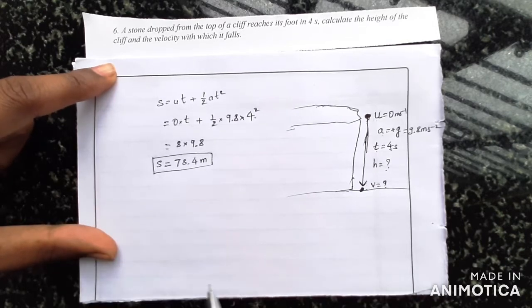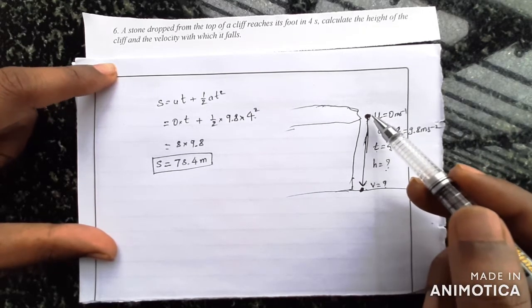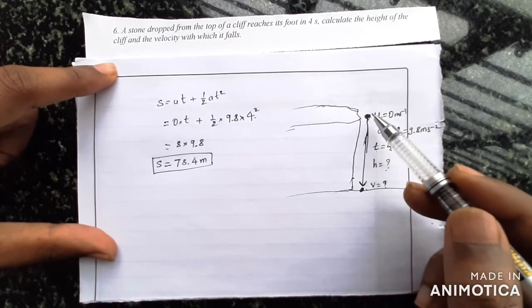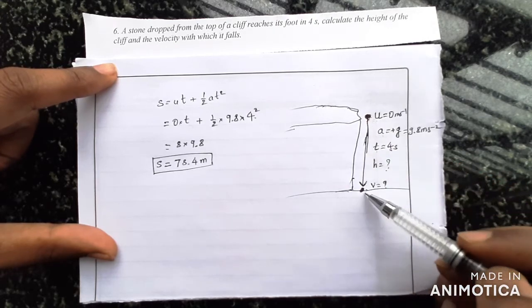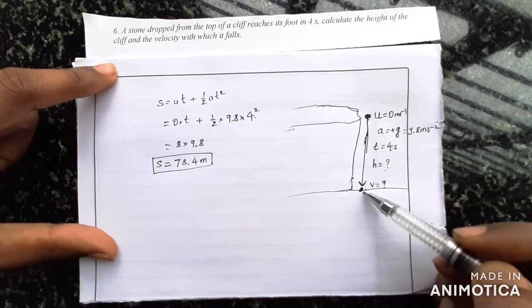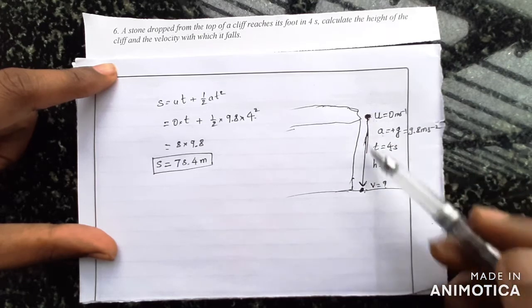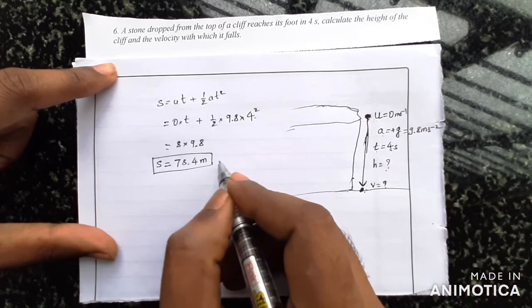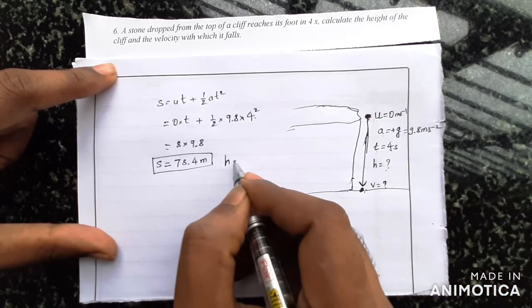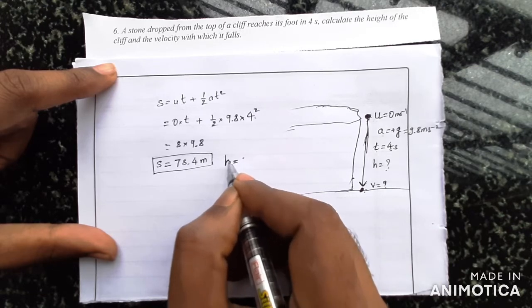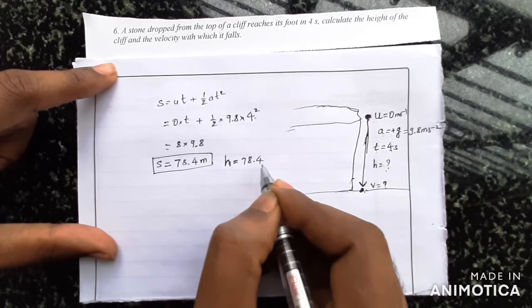So this s is the displacement of the stone from the top of the cliff to the bottom of the cliff, which itself is the height of the cliff. So s is equal to 78.4, which itself is h is equal to 78.4 meter.